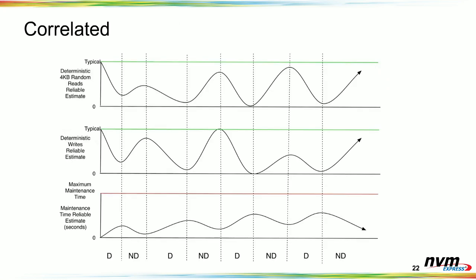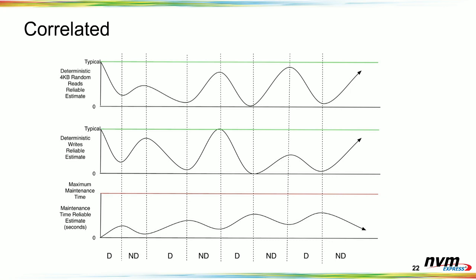So these are: deterministic 4K random reads, deterministic writes, and maintenance time. These are what are called reliable estimates, which means they're not hard numbers, but they're an indication. When your deterministic 4K random reads goes to 0, it means that you need to let the drive get into a non-deterministic state to do some work.